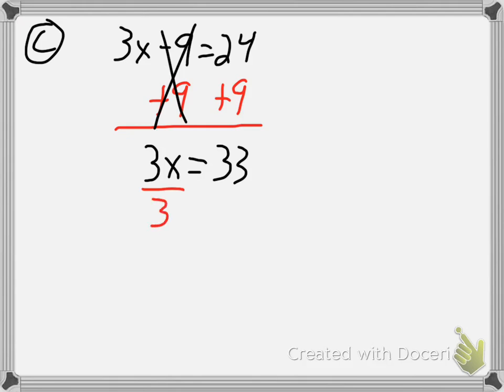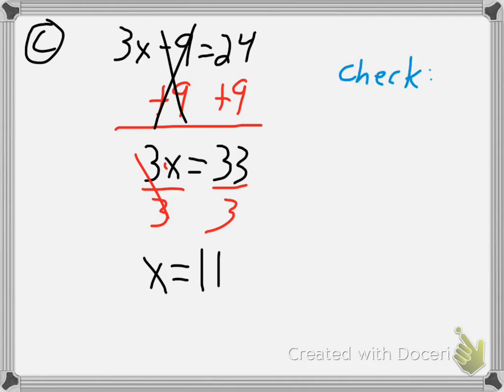I can now divide by 3 on both sides to undo my multiplication. And I'm left with x equals 33 divided by 3, which is 11. Now I want to go back through and check. I plug x into my original equation, 3x minus 9 equals 24.